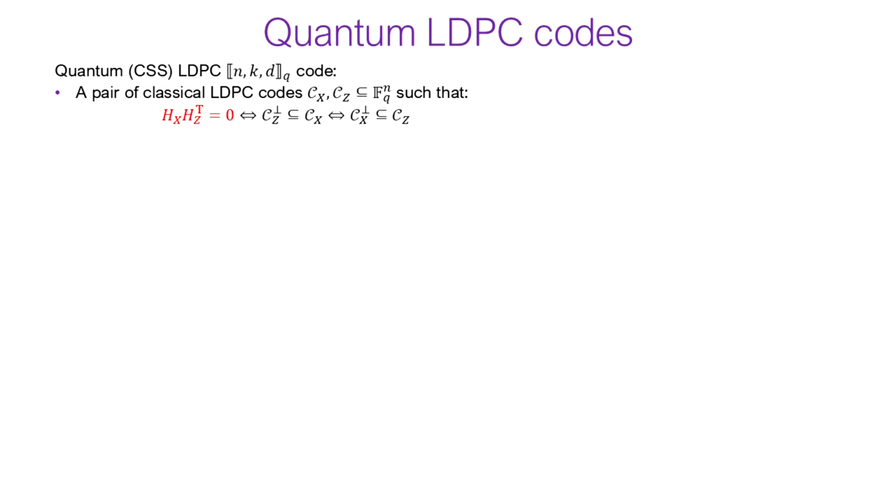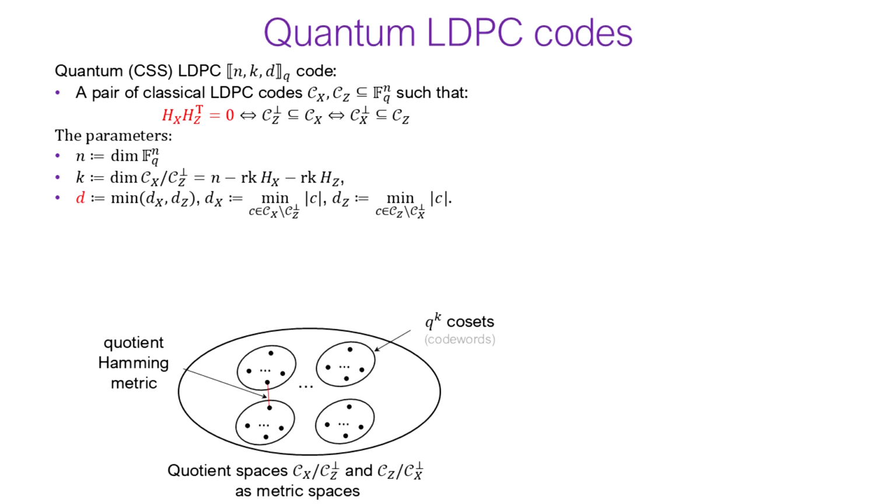You can also define the parameters of the code. n is the length, and k is the dimension of these quotients. Geometrically, you can consider this as some quotient Hamming space.